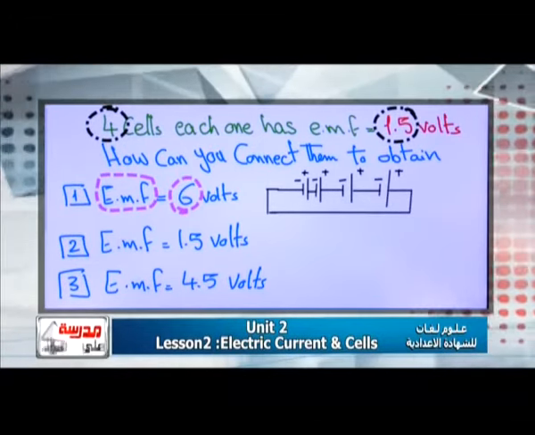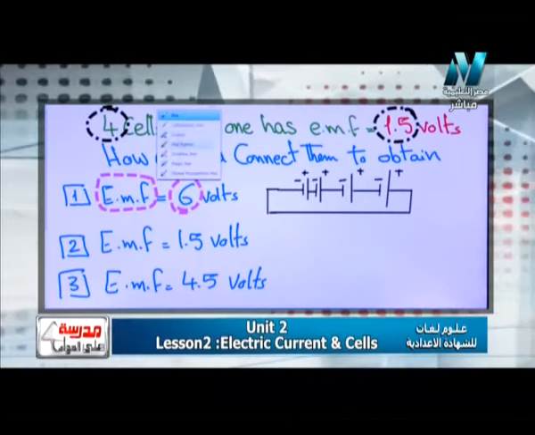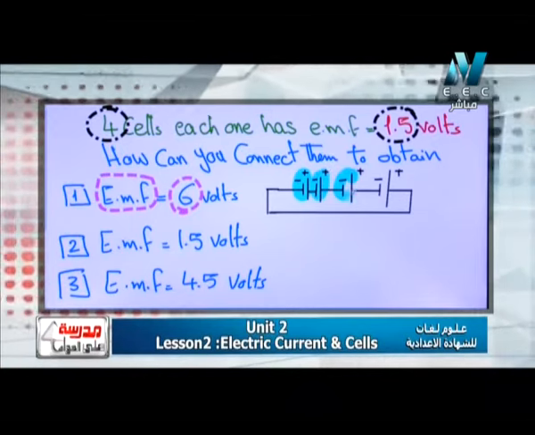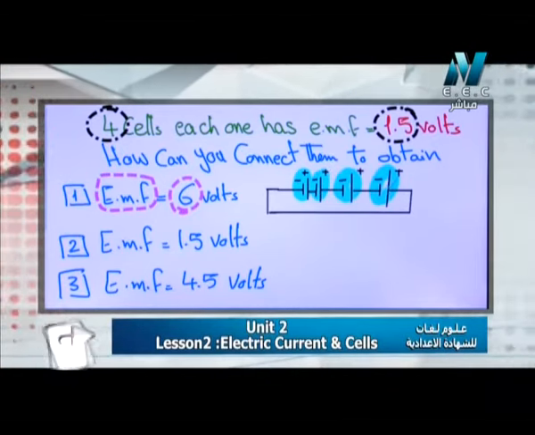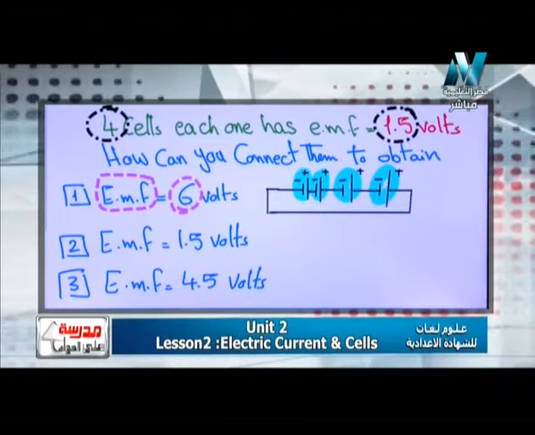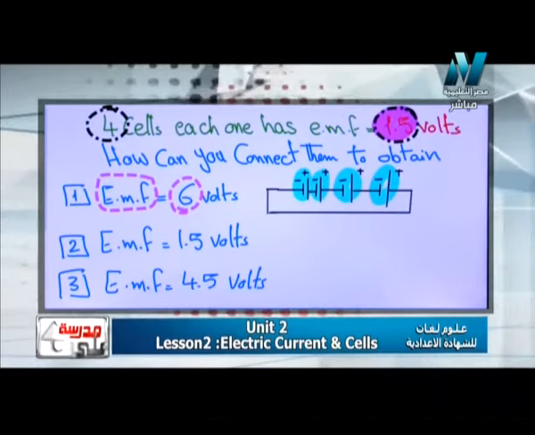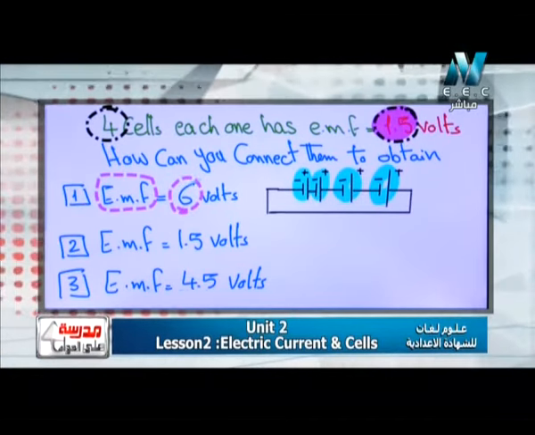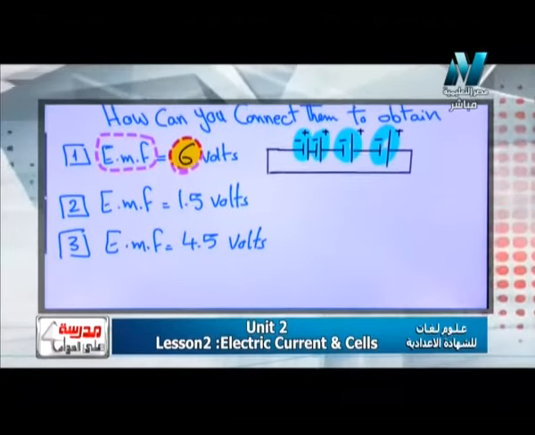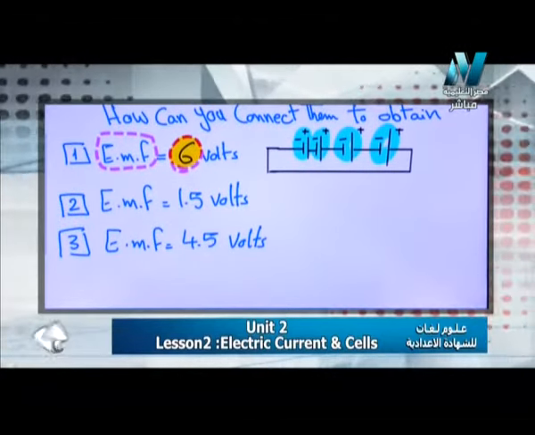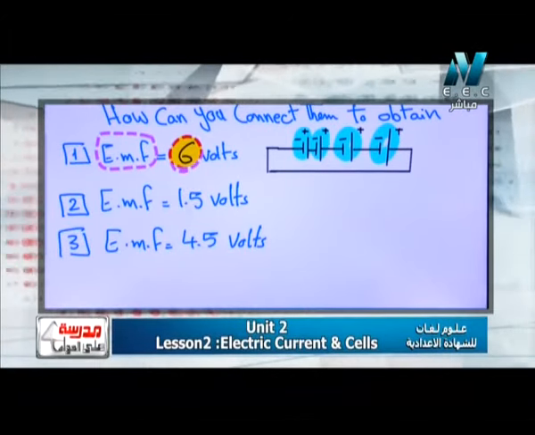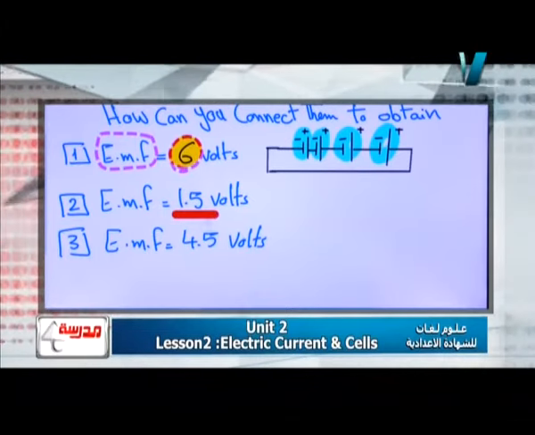So we have E1, E2, E3, and E4: 4 times 1.5 equals 6 volts. So we solved number 1. We have another problem. Number 2, how can we connect them to obtain electromotive force equal to 1.5 volts?